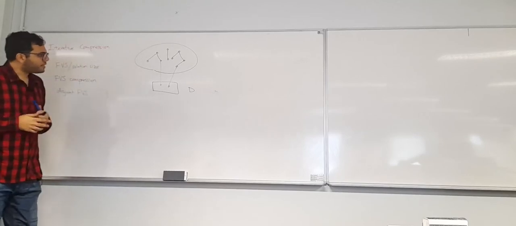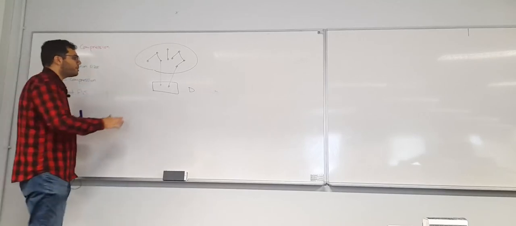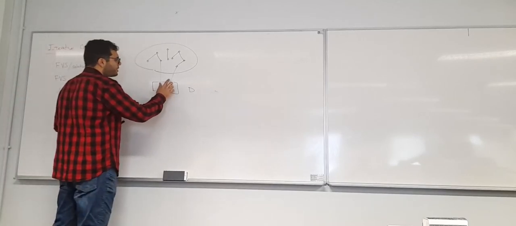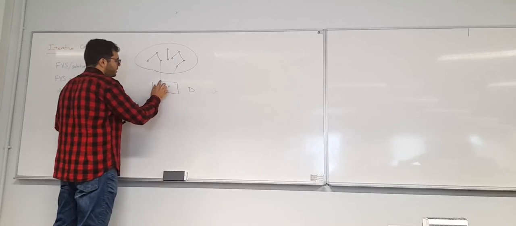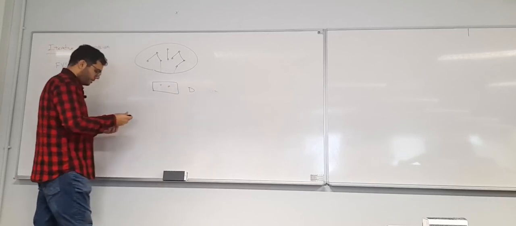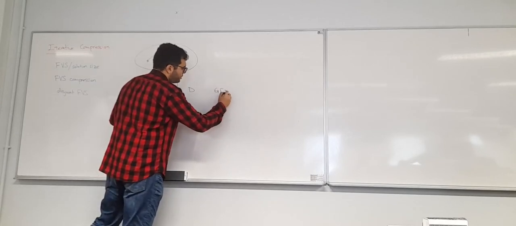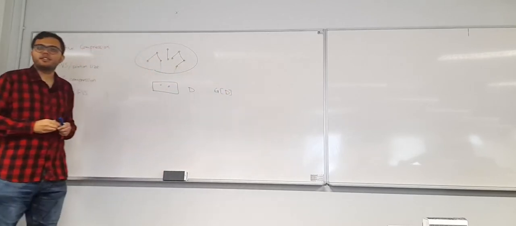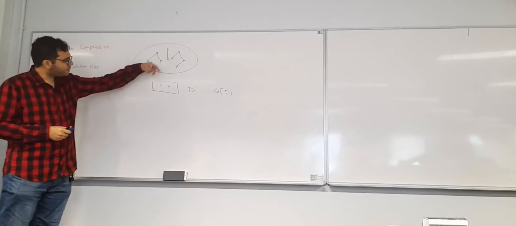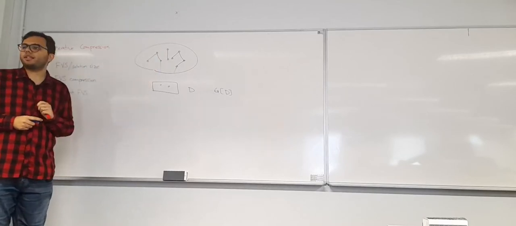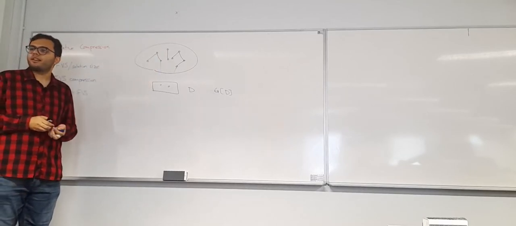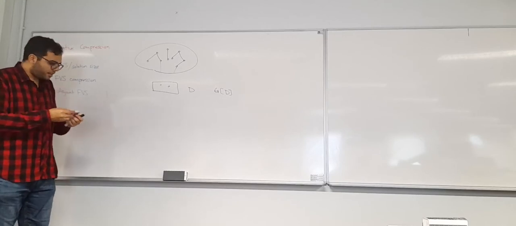But before trying to do anything else, let's just look at our graph restricted to D. So let's just look at the induced subgraph by D. So I'm just ignoring the rest of the graph and only looking at what's happening in this part. Now, can I have a cycle in here?